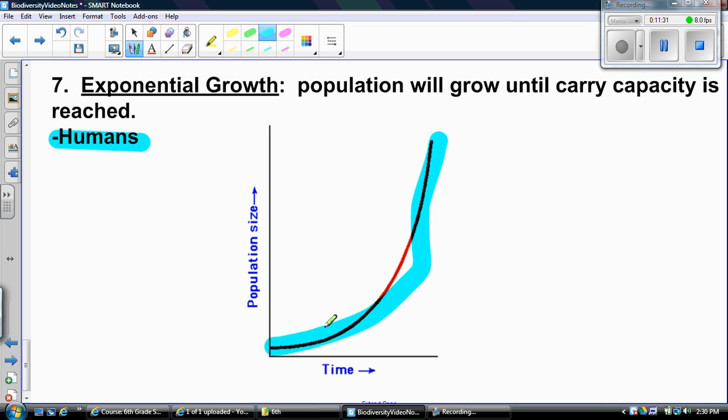Usually when you have a population going through exponential growth, that's how diseases spread very easily if it becomes overcrowded. So the closer you get to carrying capacity, overcrowding could occur. I'm not saying that could happen, but that's a possibility. But right now, our population is continuing to increase and increase. So we are in what's called exponential growth, and we have not hit carrying capacity yet.